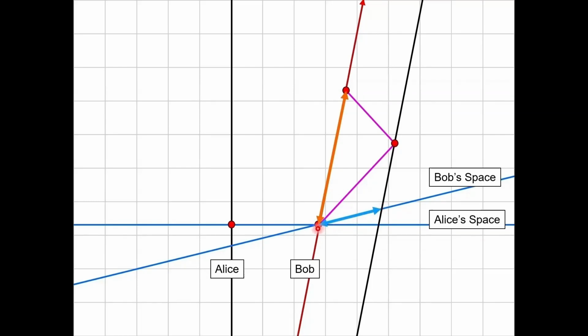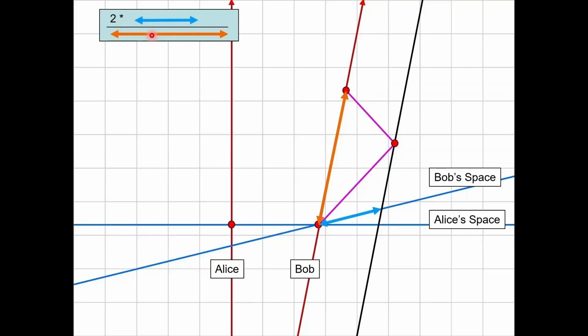So this is the distance the information traveled, twice this arrow over here. And it traveled this distance over this amount of time, the time between sending the information and receiving it back. So the speed of information according to Bob is 2 times this distance divided by this time.